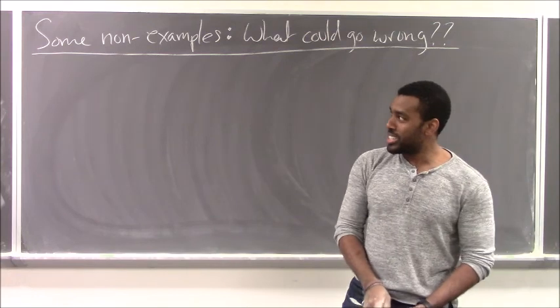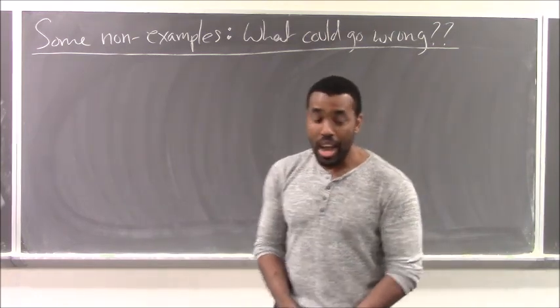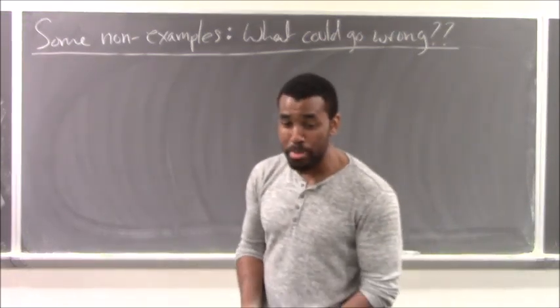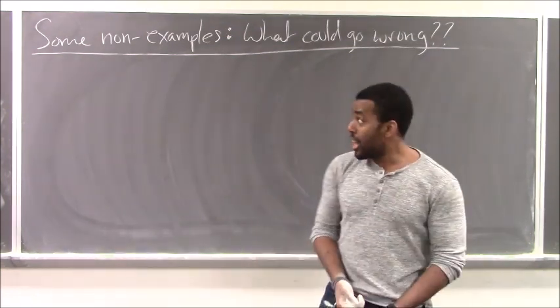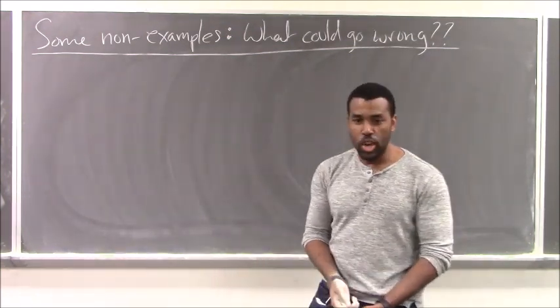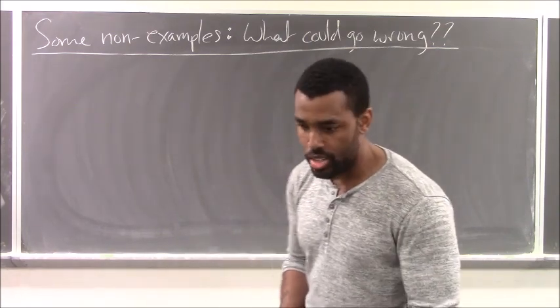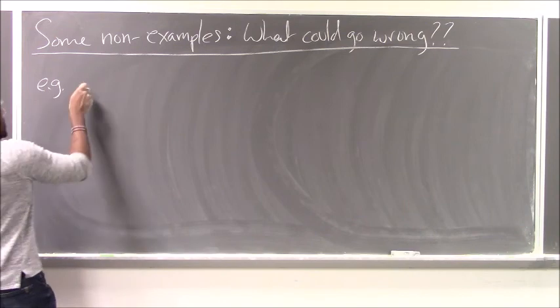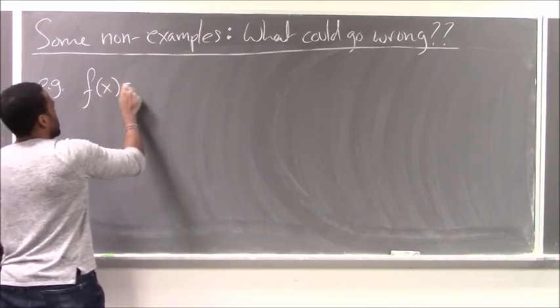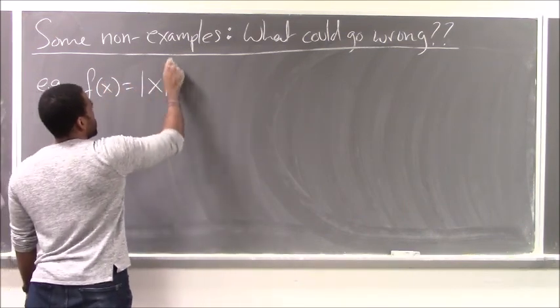I'll show you a function that kind of does blow up. I'll also show you a function that essentially behaves very nicely, but a Taylor series is still useless. And I'm going to show you a function where you can't find a Taylor series at all. So here's an example. f of x equals the absolute value of x cubed.